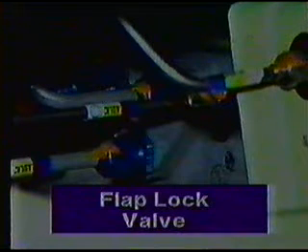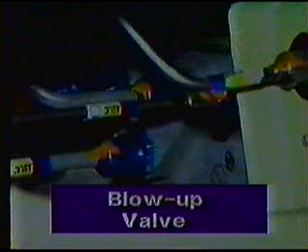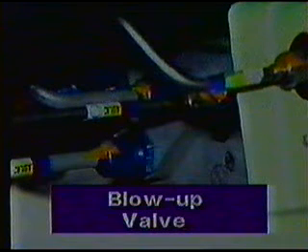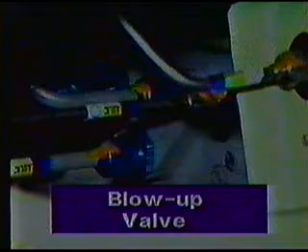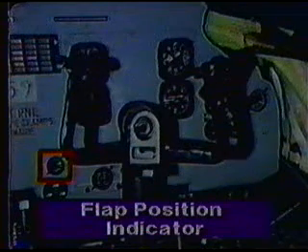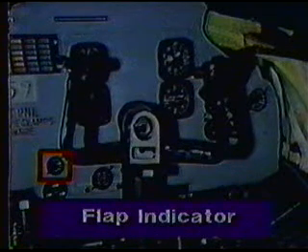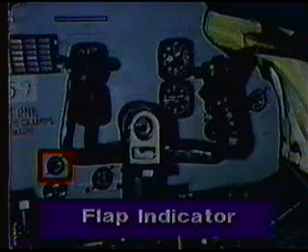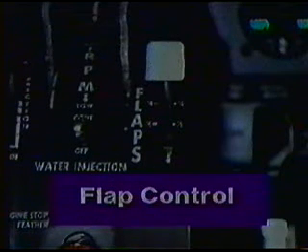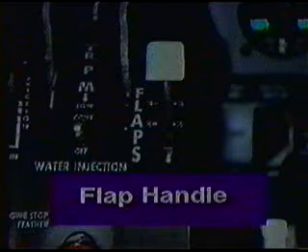Components of the wing flap system include the flap lock valve, sometimes referred to as the blow-up valve, which is located aft of the main gear attachment in each nacelle. The flap position indicator, or flap indicator, is located in the instrument panel. The unit located on the right-hand side of the pedestal is the flap control, or flap handle.